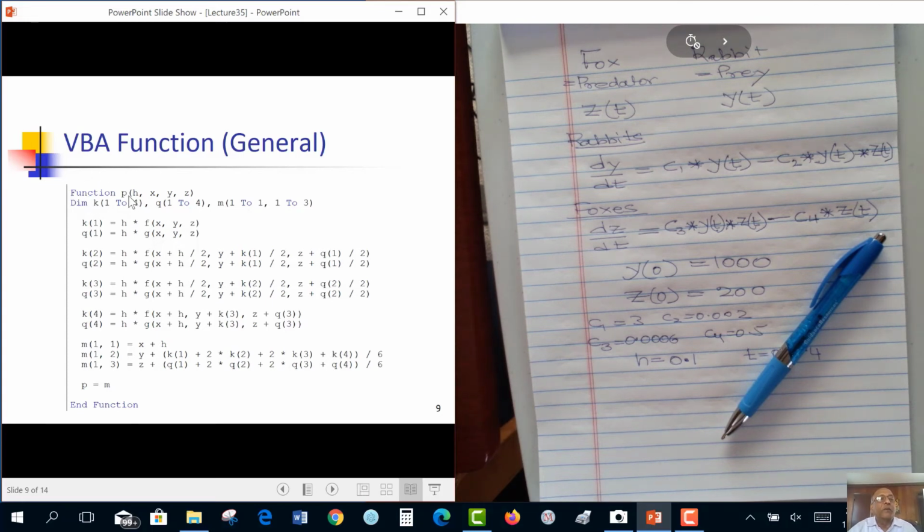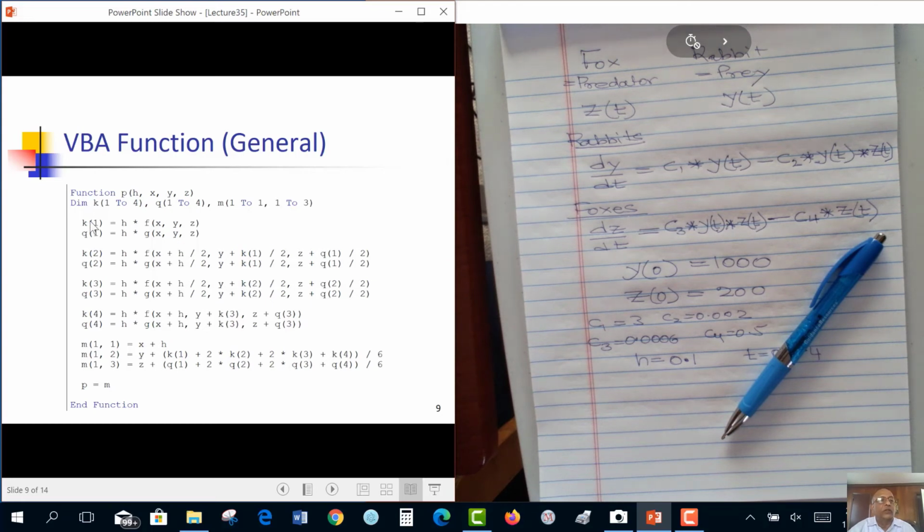So we have a function called p, which has 4 arguments, h, x, y, z, and we are going to calculate 4 k's, 4 q's, and then generate an answer which is a one-dimensional row vector of 3 values, and those 3 values would be the next x, the next y, and the next z.